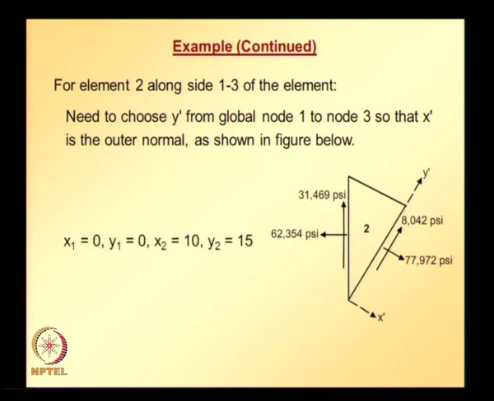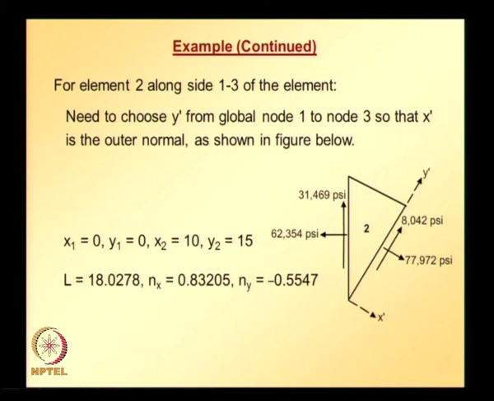From this understanding, here node 1 along line segment 1 3 corresponds to node 1 of the global coordinate system and node 2 corresponds to node 3 of the global coordinate system. So the corresponding nodal coordinates are noted and also length is calculated.